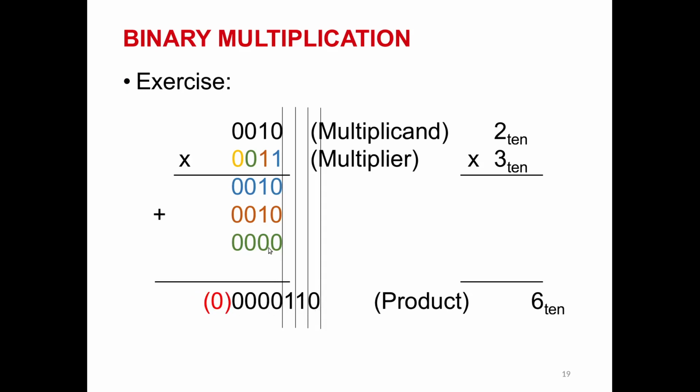Again the last bit of the multiplier, bit 3, when multiplied with the multiplicand, as this bit is 0, we will have the value 0 located here, and then 0 added together with this. It makes no change to the product, but the product needs to shift one bit further to the right.